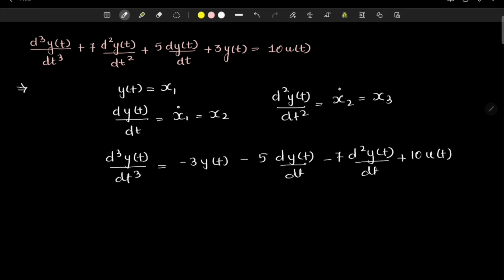Now what can we write at this place? Can we write differentiation of x3, right? Because x3 is the double differentiation of y.